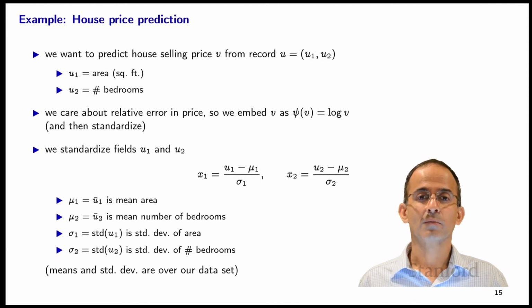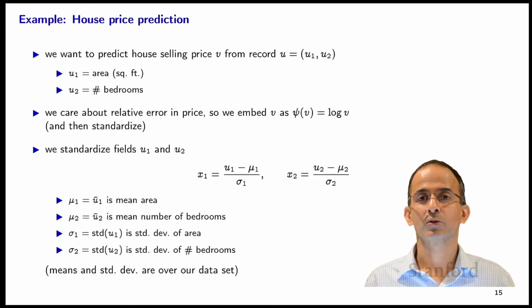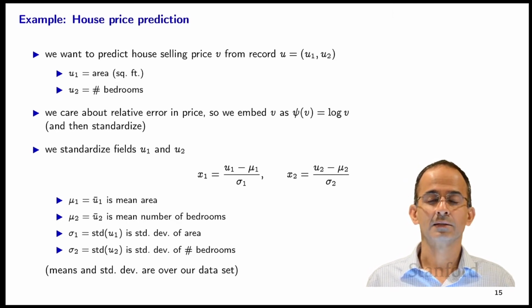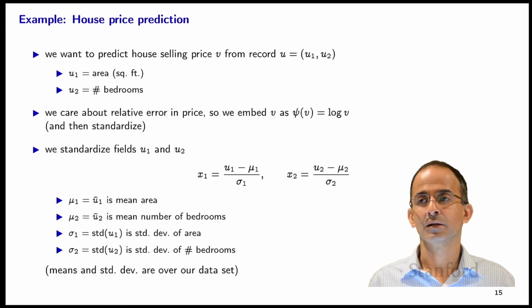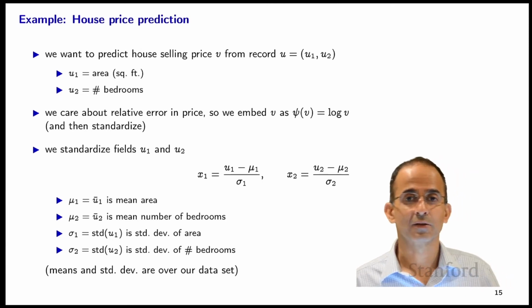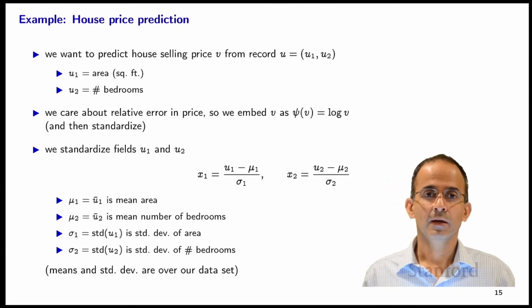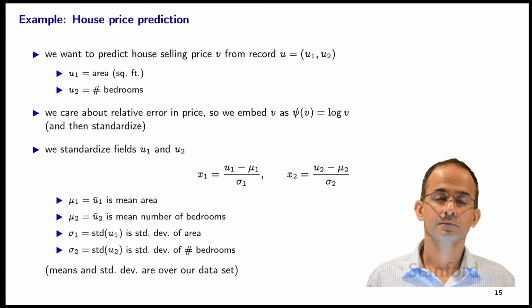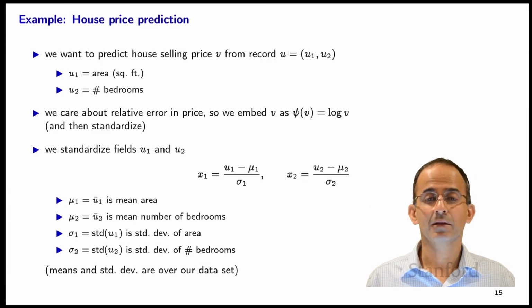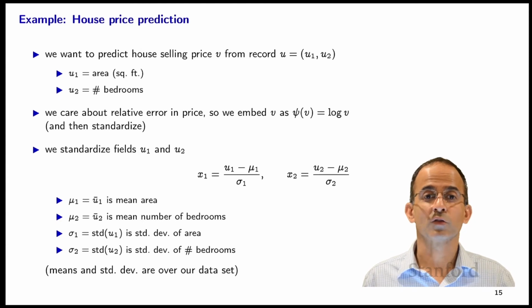So we can say if two house prices differ by 10%, we will consider them as similar. And that allows us to consider $1 million and $1.1 million as just as similar as $100,000 and $110,000. And so we'll embed the price v using psi of v as log v.